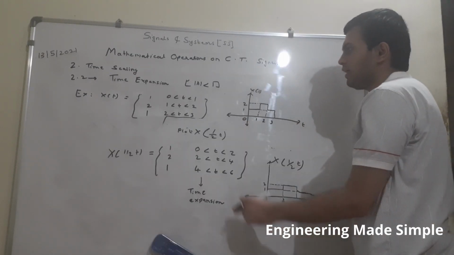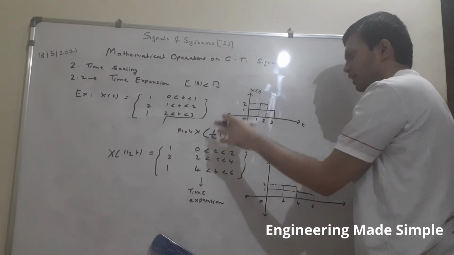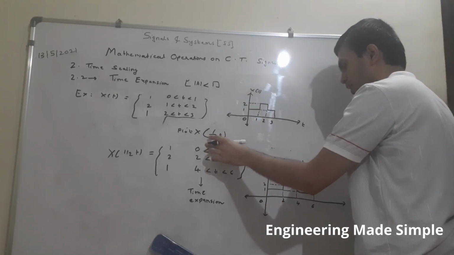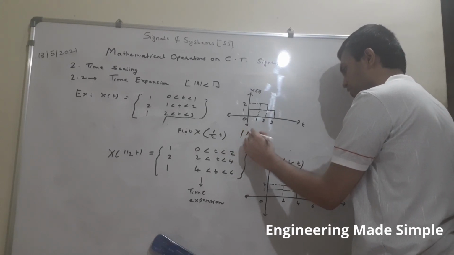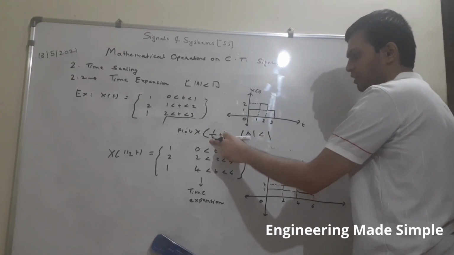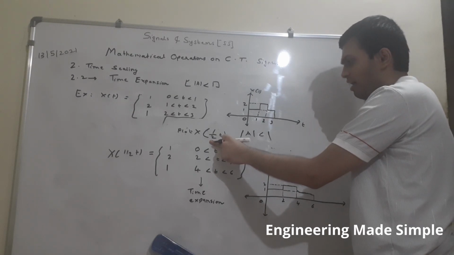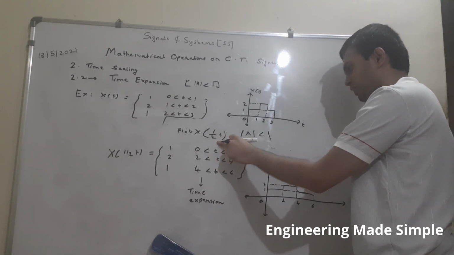So now we were studying time expansion and time scaling. Whenever we are doing expansion, we multiply our independent variable time by a constant a which is less than 1. Now we are interested in plotting x of half t.